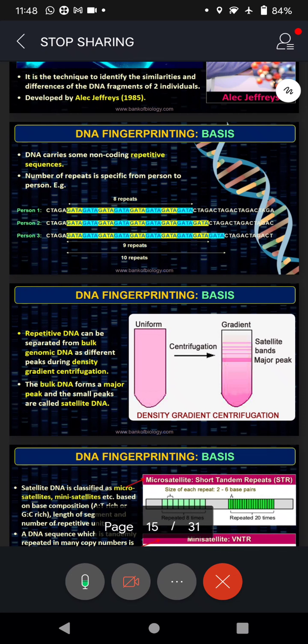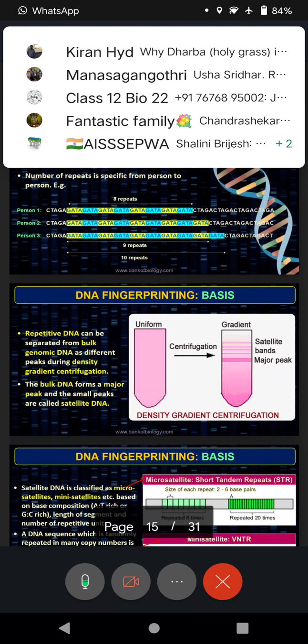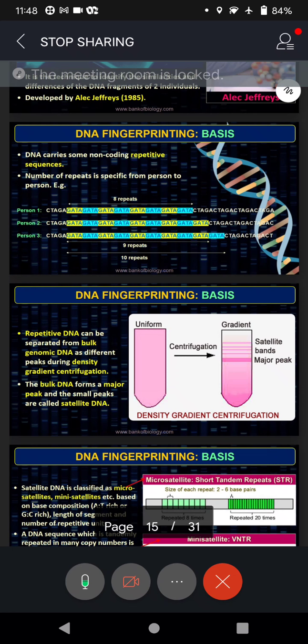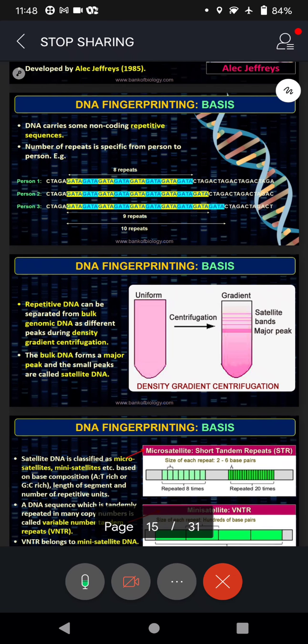What is the way? Collect blood first, or if the person is not available to us, what do we do? Many times at the crime scene, police will collect some fingernails, some hairs, they collect footprints, they collect even semen, they collect even sweat. This is enough for us.